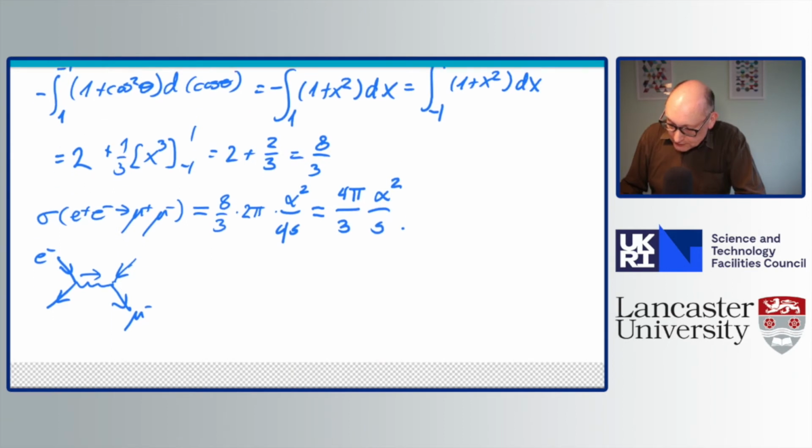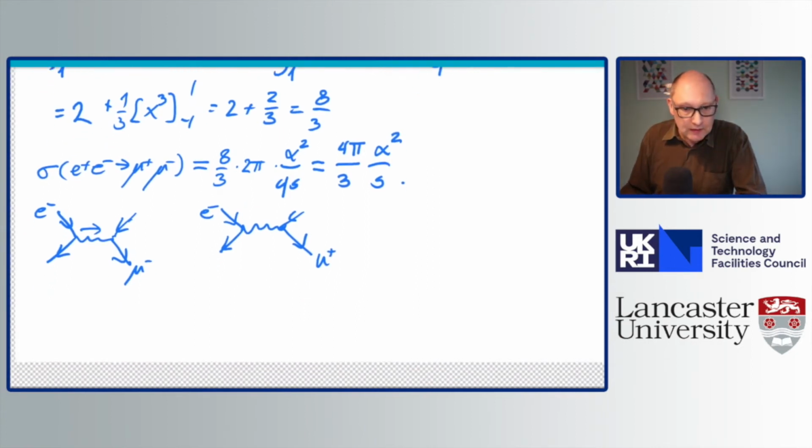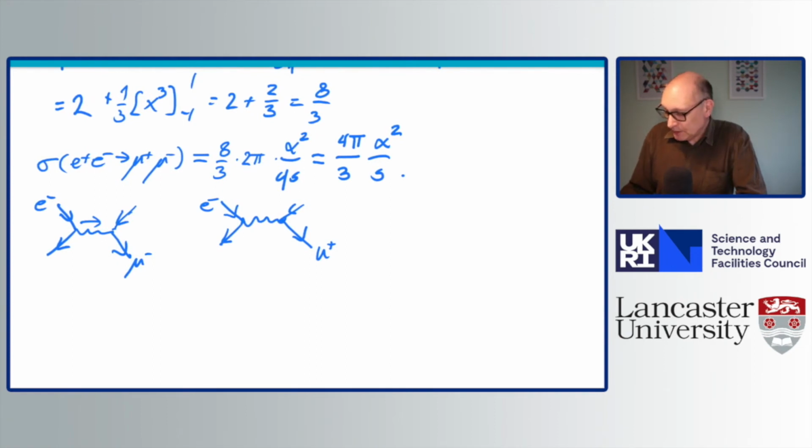Now, μ+ μ- is not the only thing that can be created. You could create quarks as well, for example, an up quark. Now, they would be seen in your detector as hadrons. Of course, the calculation here would be exactly the same.